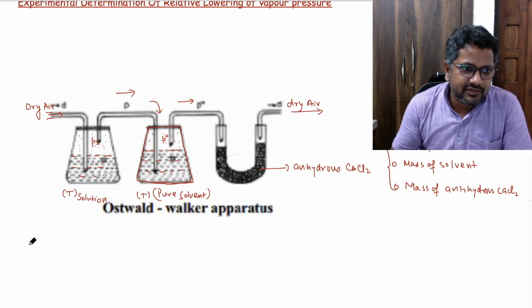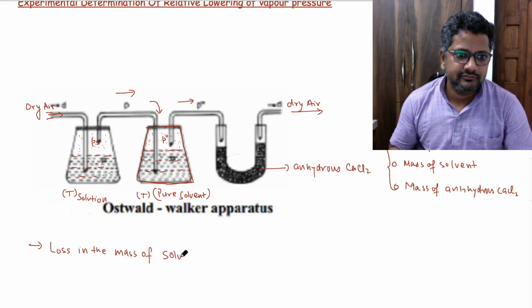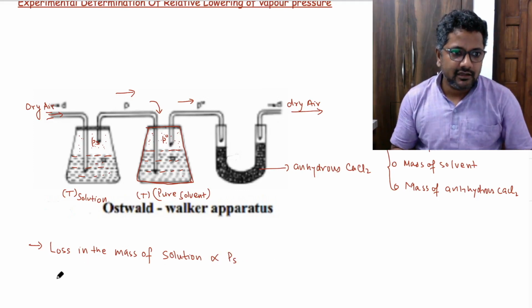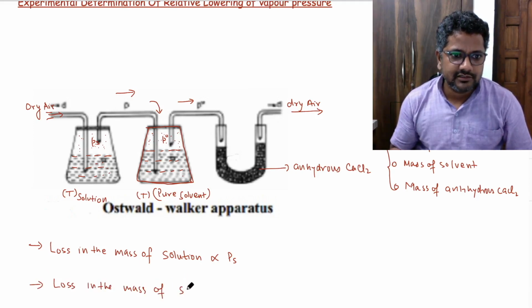So you can say the first observation: the loss in the mass of solution is directly proportional to Ps, and the loss in the mass of solvent is directly proportional to P naught minus Ps.